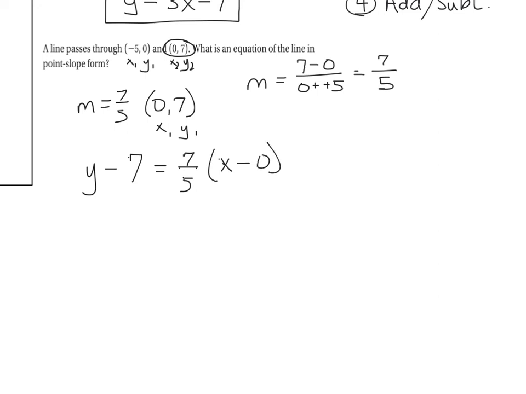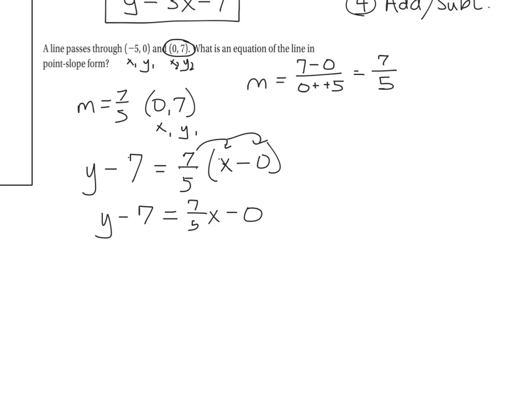In this case, I'm going to distribute. So y minus 7 equals 7/5 times x, which is 7/5 x, and then 7/5 times 0 is just 0. I'm just going to leave that minus 0 back there for right now.